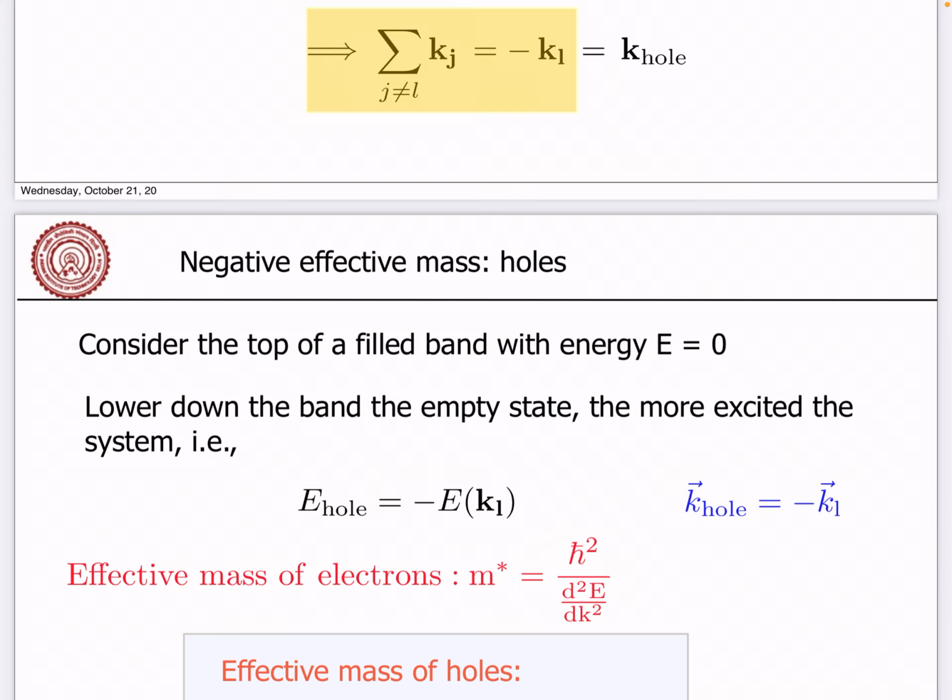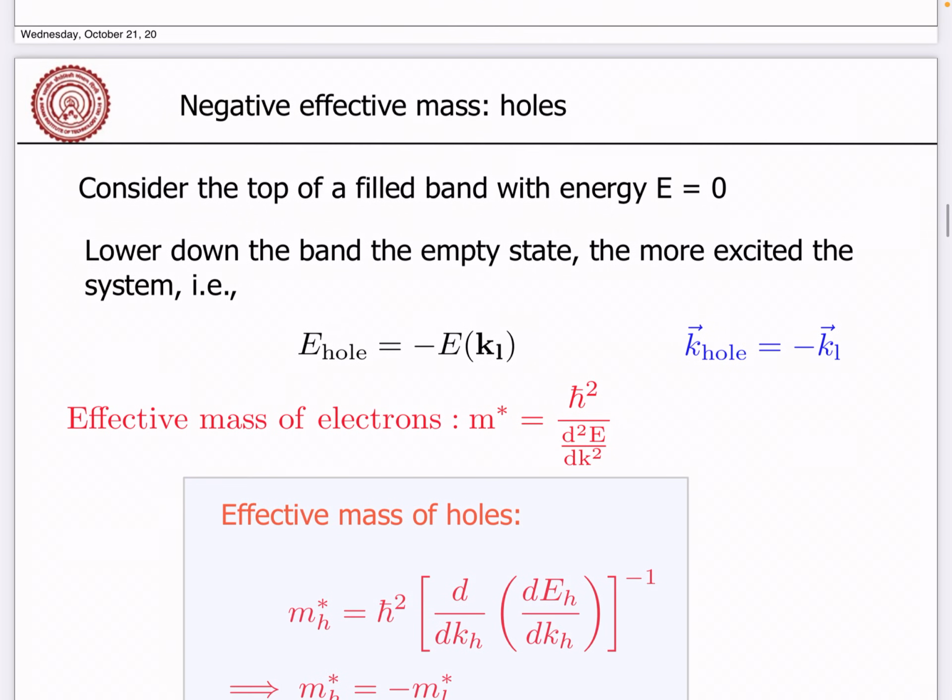Similarly, if we consider the topmost state of the band as energy equal to 0, then any state which is lower than 0 is minus E of kl for the lth electron, right? Okay, so now once we understand that, let us do this.